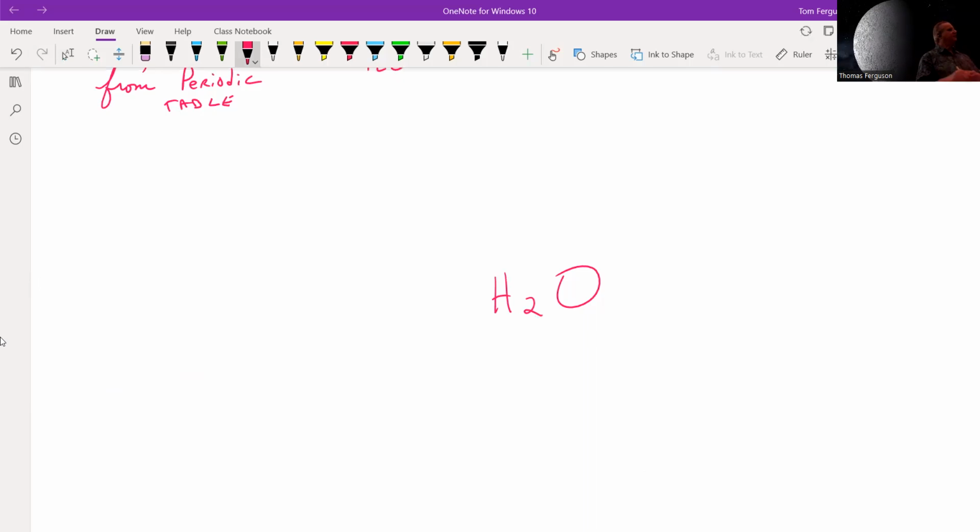Okay, so is this covalent or ionic? Covalent, because both the H and the O are on the top right side of the periodic table, and also on your common ion chart. So we have to name it using the binary convention.